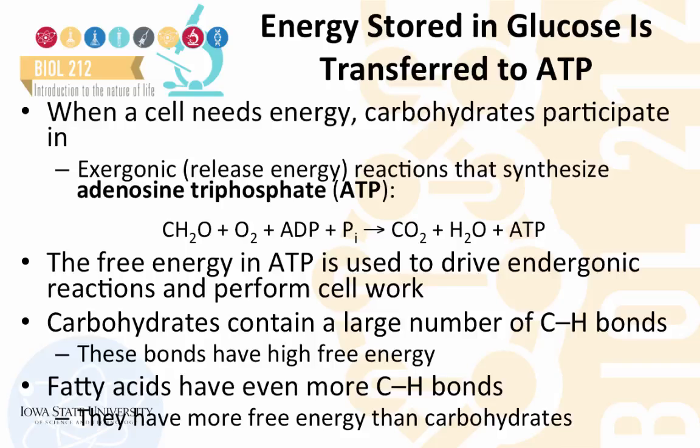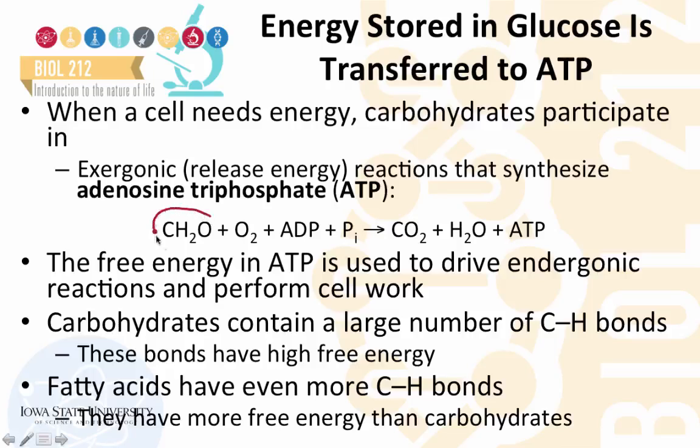Once enzymes like phosphorylase and amylase break down polymers of glucose to release single glucose units, the energy stored within these glucose units is transferred to a molecule called ATP through the reaction shown on this slide.